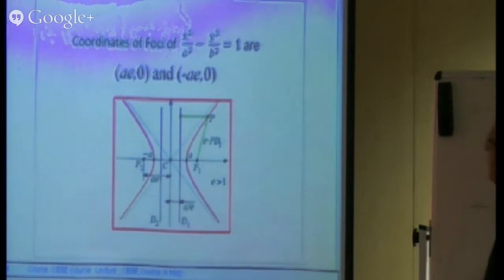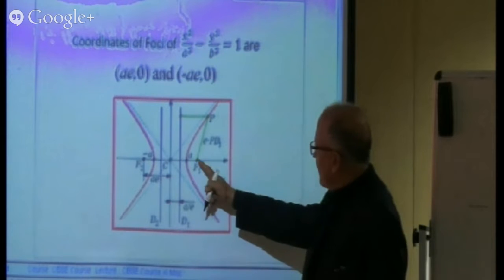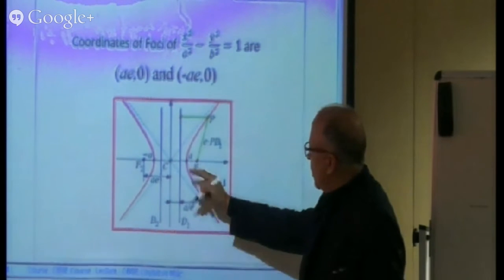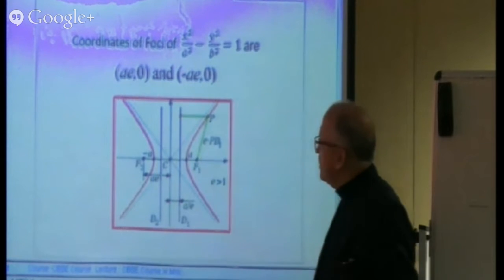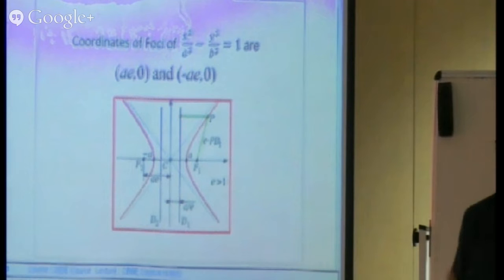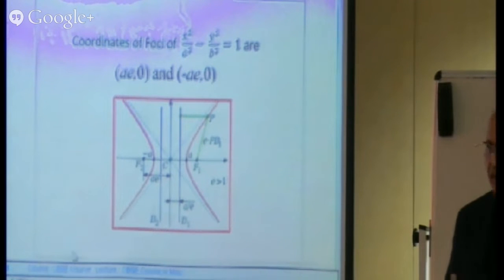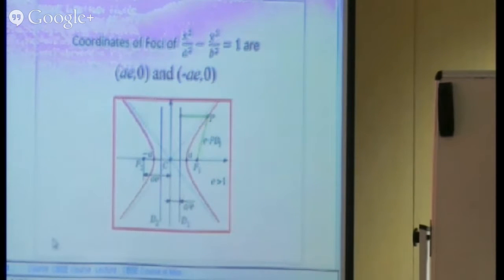the coordinates of the foci are (ae, 0) and (minus ae, 0). Because this is the origin, we need to calculate the distance from C to focus F1, and this distance comes out to be ae. This you should know, because the purpose here is not to get into derivations.